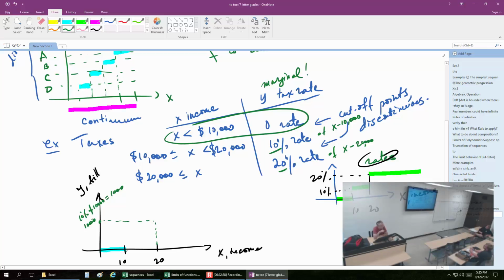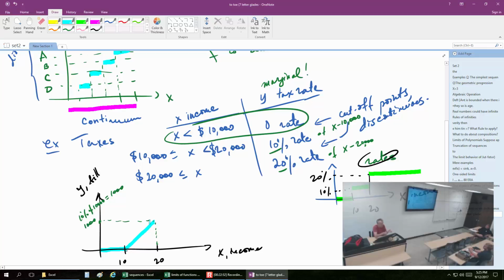Okay, and how do you get there? Gradually, like this. And then the same thing happens. Once again, as you pass 20,000, it's as if you split your income into 3 pieces. 10,000 that doesn't come into play.